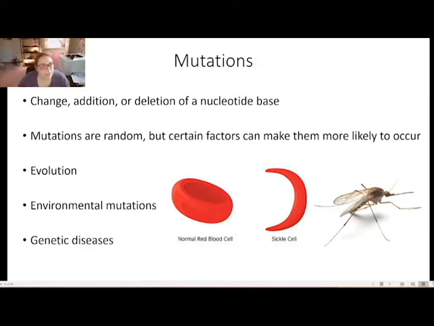But even then, not all beneficial mutations are passed on to future generations. However, if a trait is advantageous and it helps the individual survive and reproduce, the genetic variation is more likely to be passed on to the next generation.